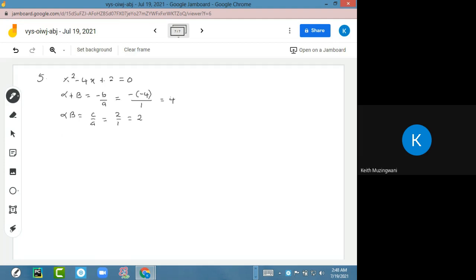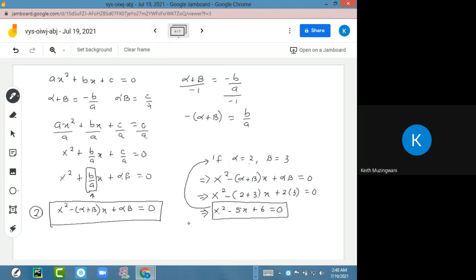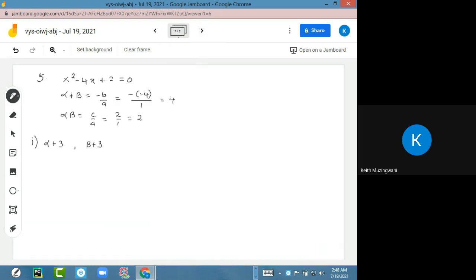Find the equation whose roots are alpha plus 3 and beta plus 3. So remember, in our earlier case, we had assumed that the roots were 2 and 3, and this is how we found the quadratic. Now here, we've been given that the roots are alpha plus 3 and beta plus 3. So let's write it in a smarter way.